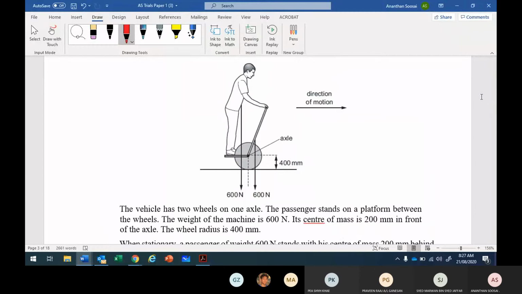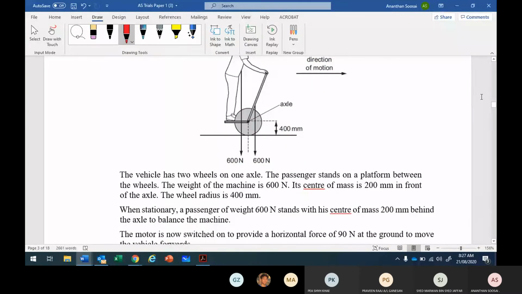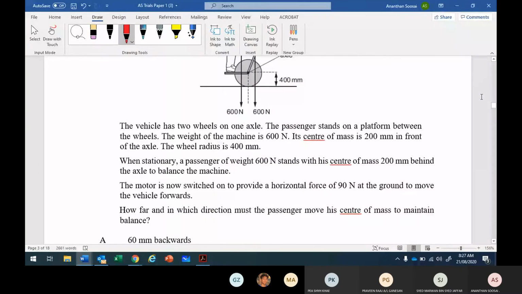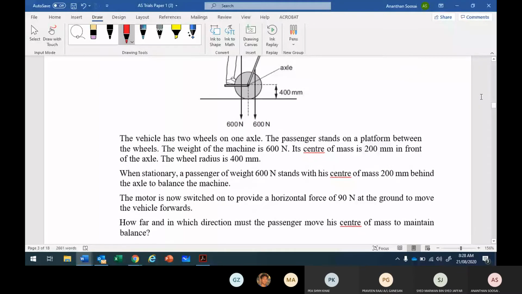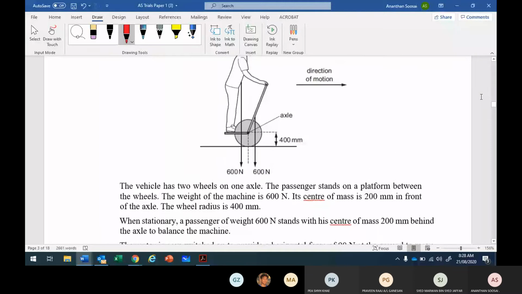The motor is now switched on to provide a horizontal force of 90 Newton at the ground to move the vehicle forward. How far, and in which direction, must the passenger move his center of mass to maintain the balance?